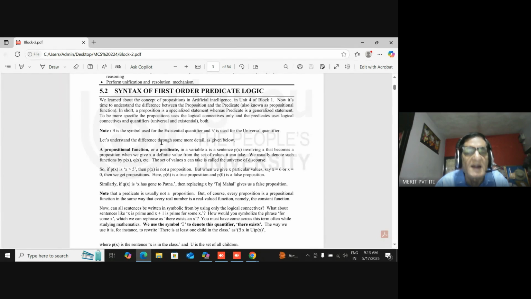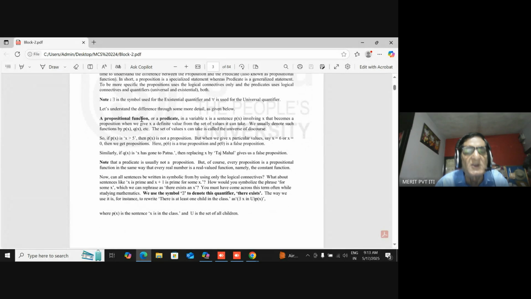So let us consider this. A propositional function or predicate in a variable x is a sentence P(x) involving x that becomes a proposition when we give x a definite value from the set of values it can take. We usually denote such functions P(x), Q(x), etc. The set of values x can take is called the universe of discourse.